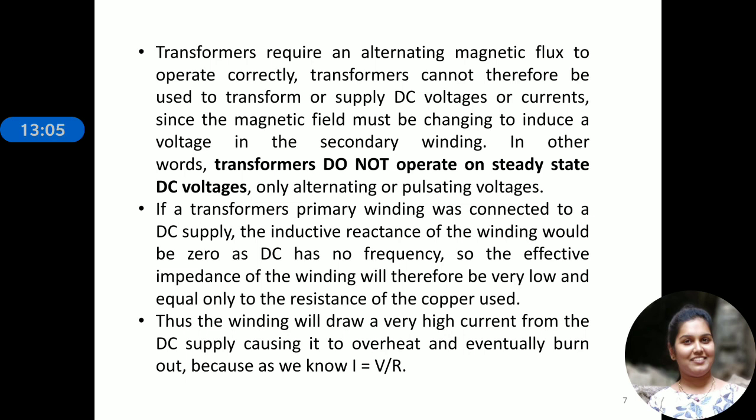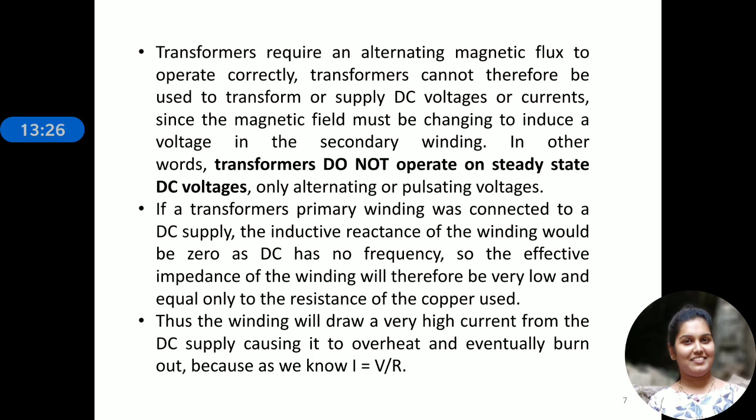and because of this overheating the winding will burn out, because we know that I is equal to V by R. Based upon this statement we can say that because of the increased temperature, if we go on applying the DC supply, the winding will burn out and there will be no transformer action.